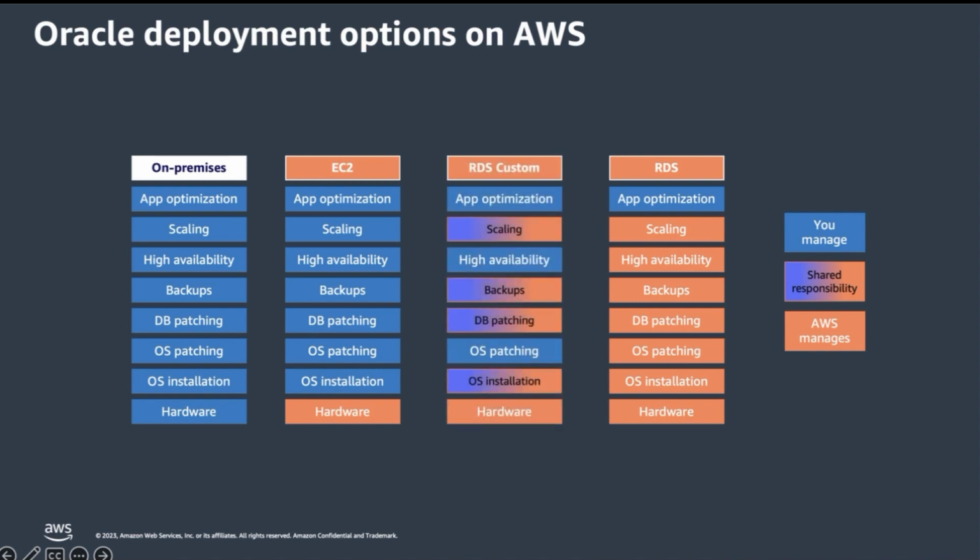To meet those specific use cases, we introduced Amazon RDS Custom for Oracle. And like I mentioned, this gives the benefits of a managed service, but also gives more flexibility to the database and operating system itself. Because of this additional access, there is also a little more added responsibility in case of RDS Custom for Oracle.